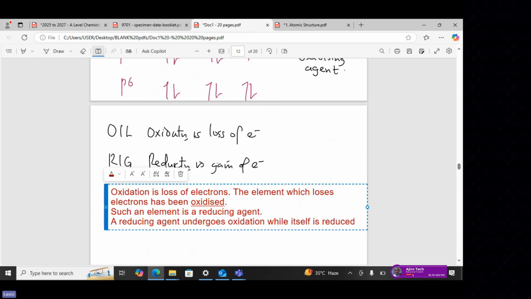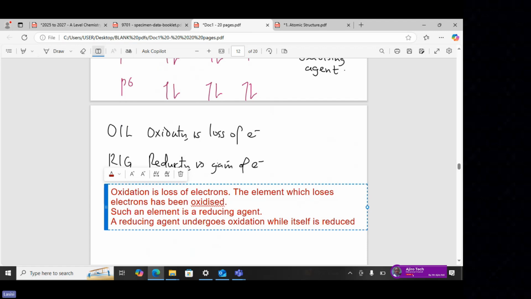Such an element which has been oxidized, you cannot oxidize an oxidizing agent. If you say I've undergone oxidation, that means I'm a reducing agent myself. If I'm an oxidizing agent, you cannot oxidize me. You can only oxidize me because I'm a reducing agent.